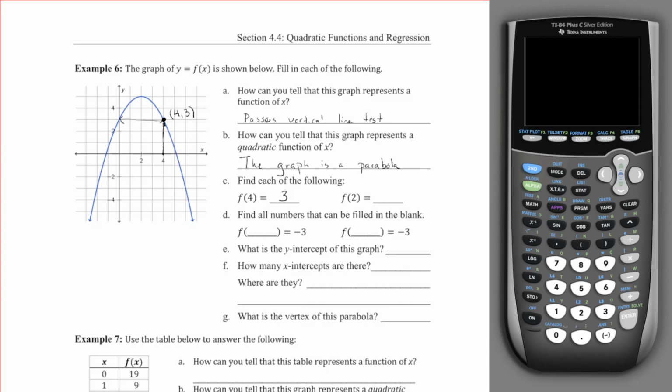To find f of 2, we want to find the point on the graph where the x coordinate is 2. That'll be this point. We see that this is the point 2, 5. And so f of 2 is 5.